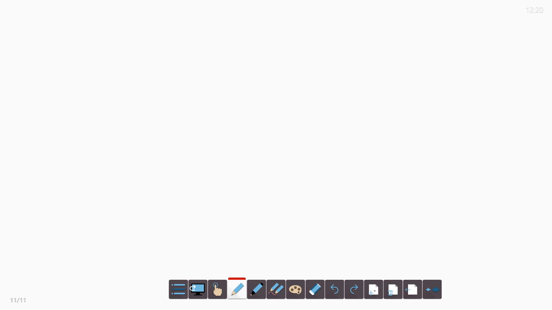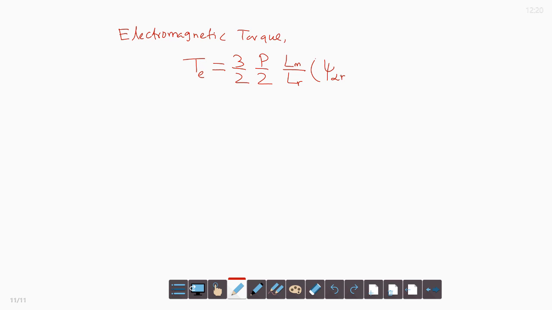And further we have the electromagnetic torque, T E, given by 3 by 2 into P by 2 into Lm by Lr, into psi alpha r into I beta s minus psi beta r into I alpha s.